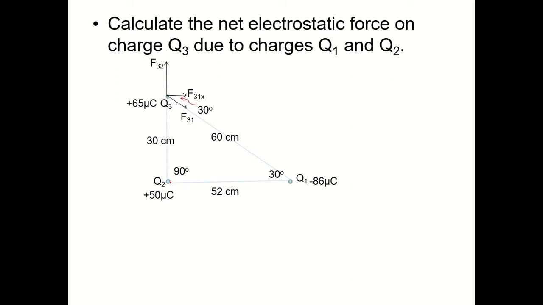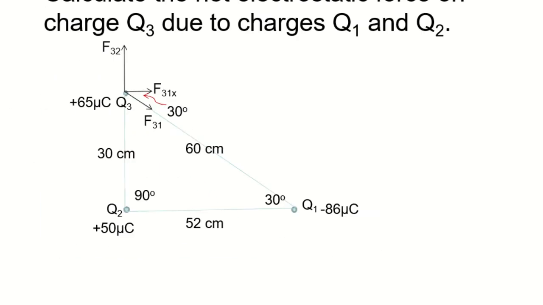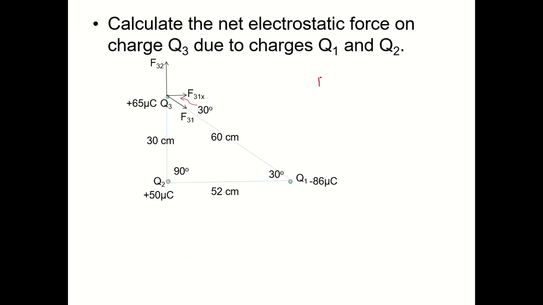Use the same formula, F is equal to K, you can put K here or here, no problem, Q1 times Q2 divided by R squared.